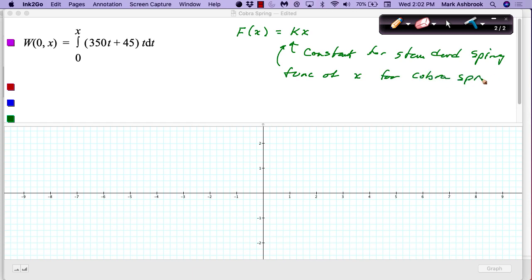So not only does the force change as you stretch it or compress it, but the constant itself is changing.